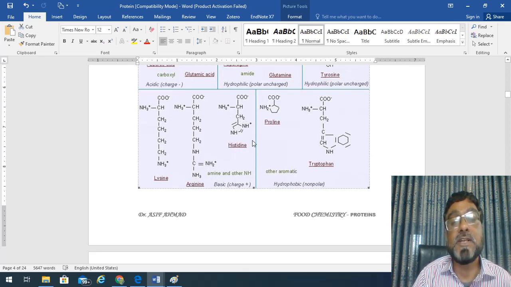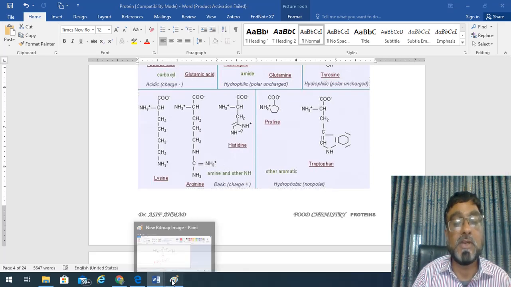And for the histidine, this is the same structure, C double bond O CHNH3. And this is actually containing the additional amino group. You can see here. So you can draw again.